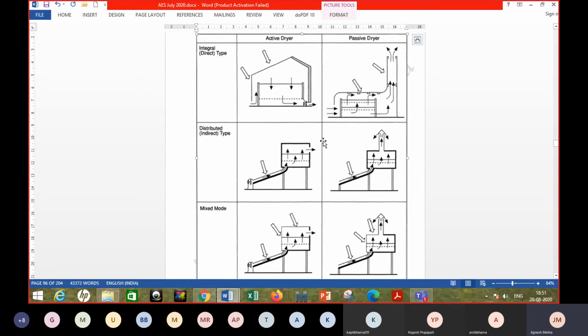But in some schemes, the product will not be directly exposed to solar radiation. Sometimes it may not be a good idea to expose it directly to the solar radiation. It may change the quality of the product, or the color may get affected.